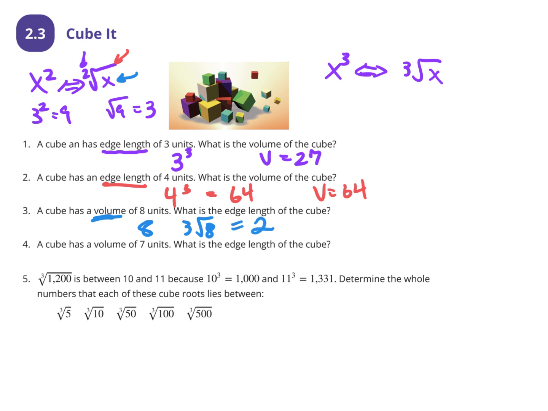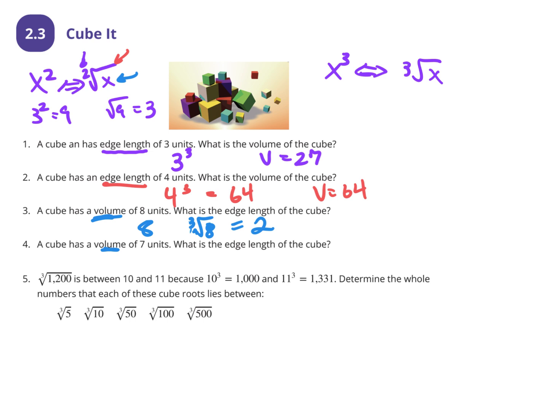So this 3 is not 3 times the cube root of 8. It's the cube root. So it should be a little bit smaller, and it should be written closer to the radical so that we know it's the cube root. Okay. A cube has a volume of 7.